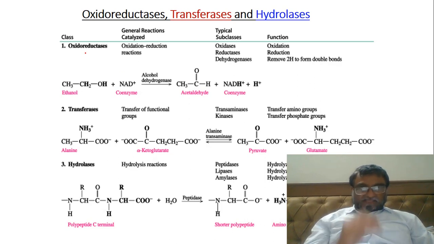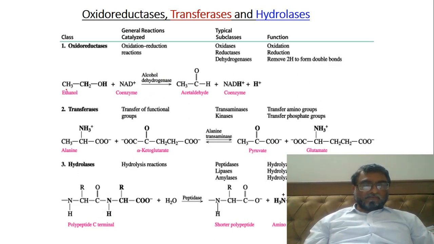So we can see ethanol reacting with NAD, nicotinamide adenine dinucleotide, and this is a coenzyme that works with alcohol dehydrogenase, as we have seen. This is an organic type of substance that does the process of oxidation and reduction.